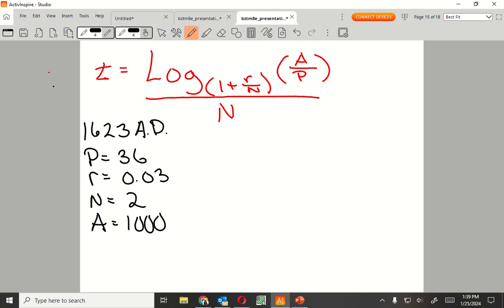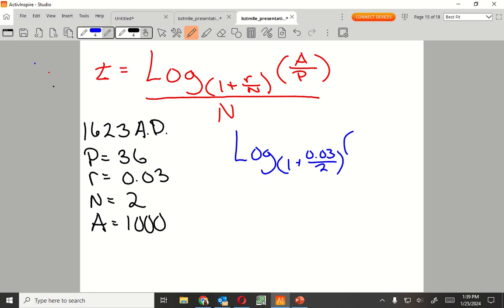So this one, I'm giving you a formula for this to make it easier. So let's write this in. So it's going to be a log base. So it's down here, it's lower. 1 plus my rate, 0.03 over 2, close. Now, log, these are lower numbers. The log automatically opens up another parentheses right here by itself.